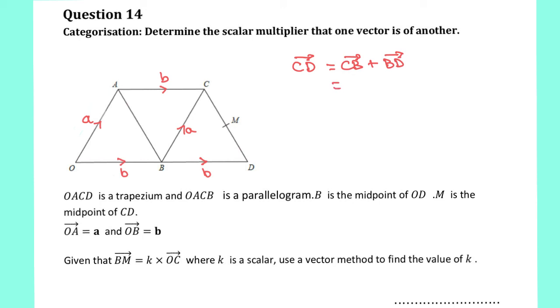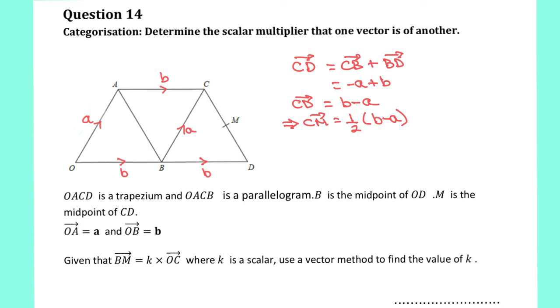Well, CB is equal to minus a. BD is equal to b. So vector CD is equal to b minus a. We know that M is the midpoint of CD, therefore CM is equal to half b minus a.